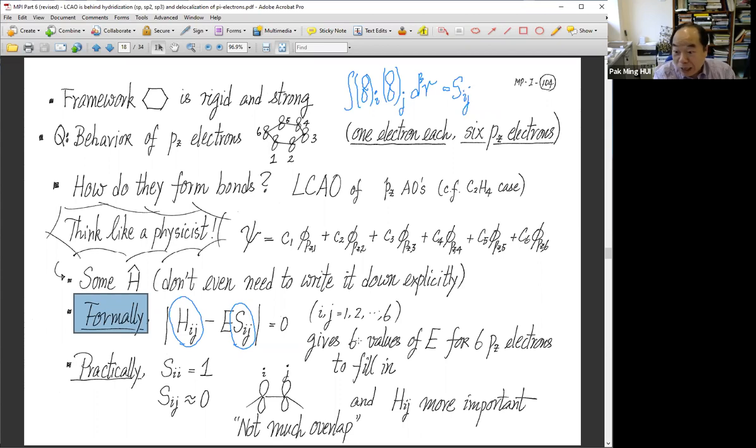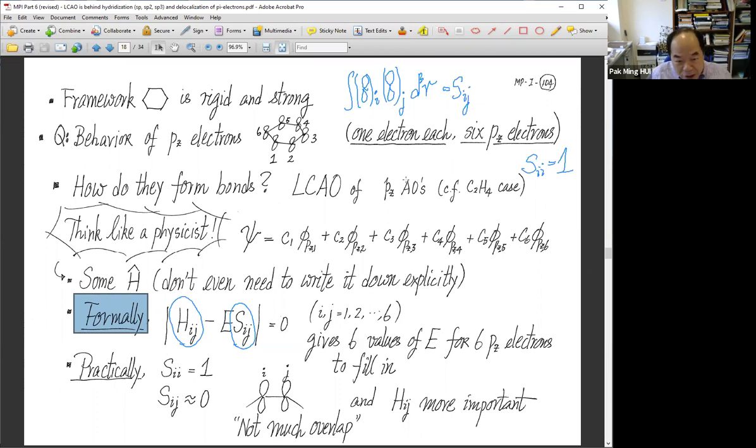I don't even want to write down the wave function. Get me? Now, I know one thing for certain. Sii is 1, because that has to do with the Pz, both of them on the same atom. So normalization, that's 1.